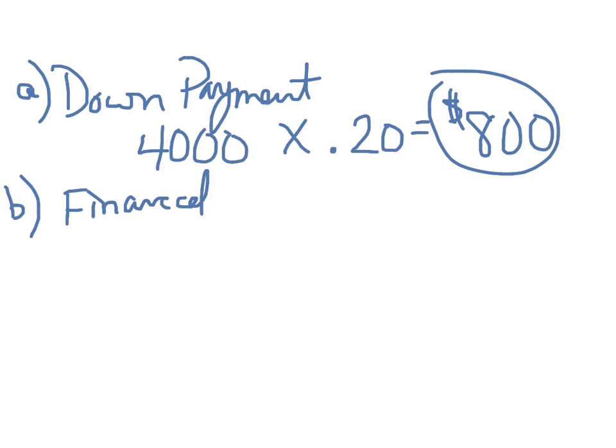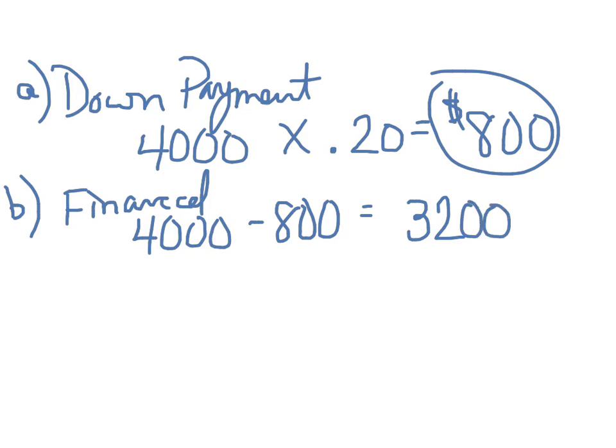Right. So I take 4,000 minus 800, and how much am I financing total? What's 4,000 minus 800? 3,200. That is how much I am financing.